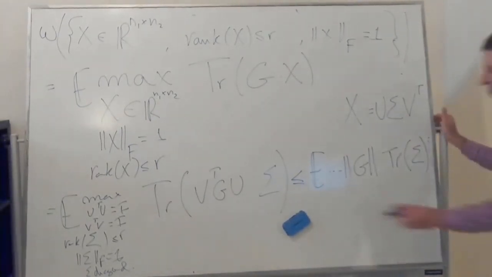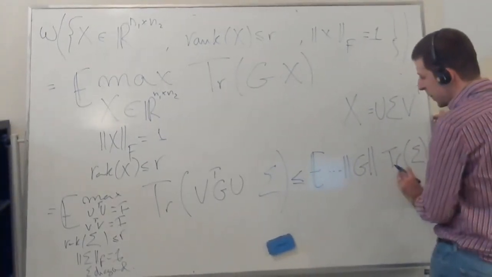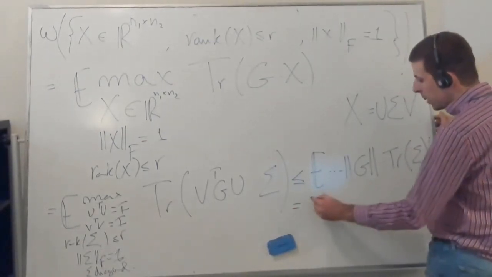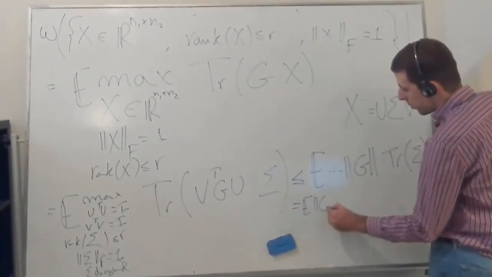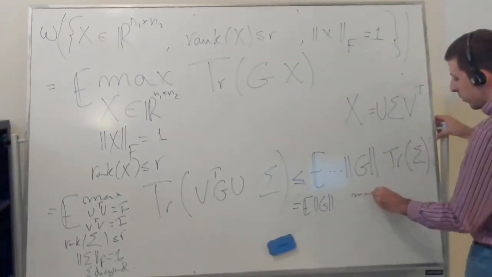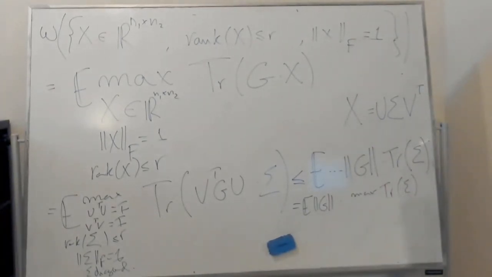Now what this means is that all the max stuff can go in here, and this no longer shows up in the expectation. So we have the expectation of the spectral norm of G times the maximum over all those options of the trace of this. But what's the biggest this trace can be?